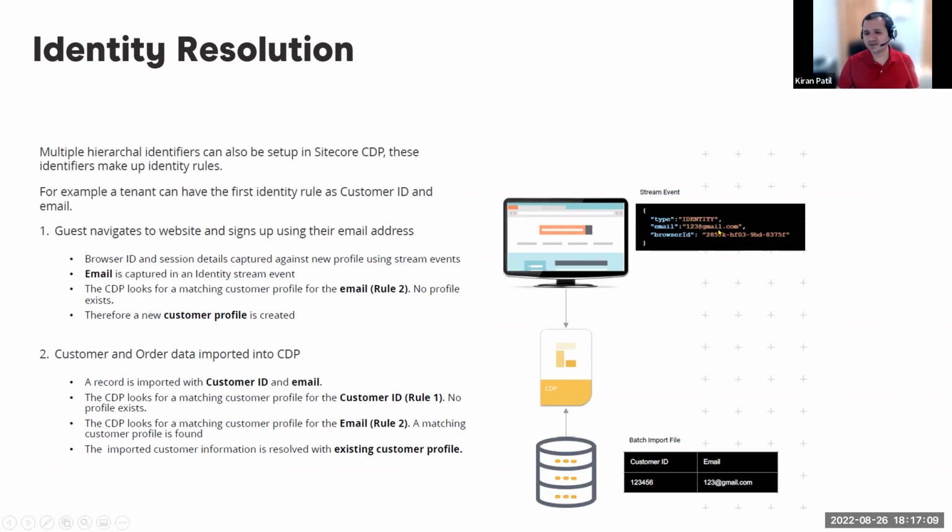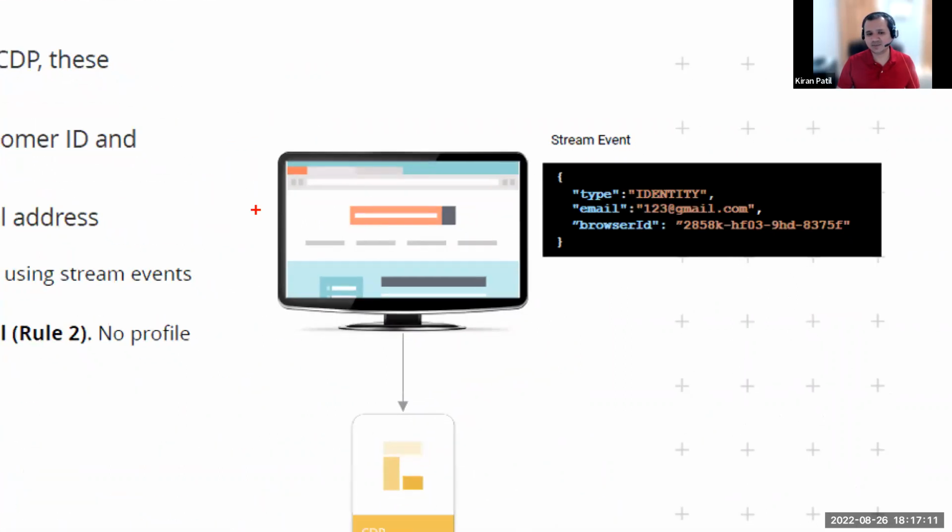When you pass an identity, for example, if someone is visiting the website and you trigger a special type of event, identity event, so type should be identity, and you provide an email address, CDP will look into that, like, hey, is there any customer or visitor with this particular browser ID? If yes, then try to connect that record, and going forward, if someone provides the same email address, it will merge the contact.